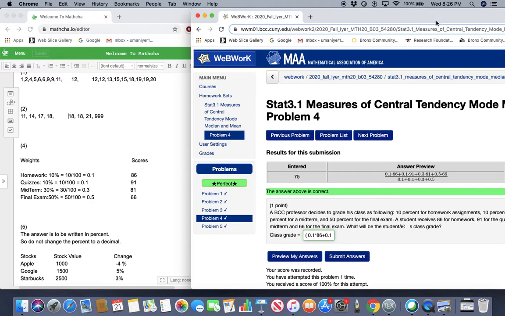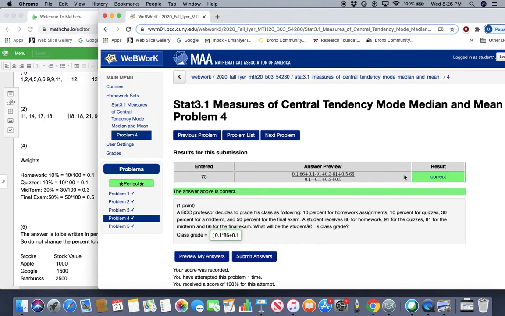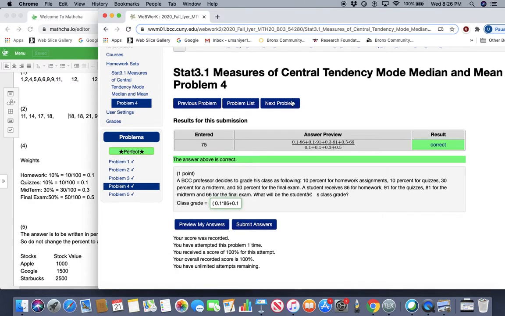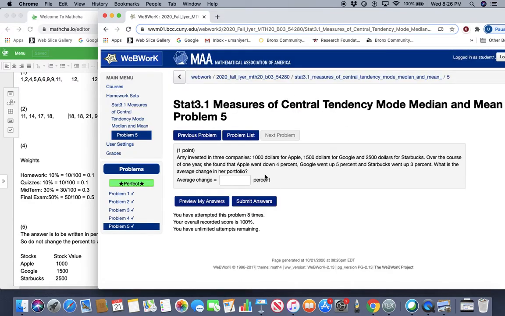Okay, so you should get it. You should be able to preview what you just did. Denominator is the sum of the weights. Numerator is weight times score plus weight times score, and so on. All right. Next problem.